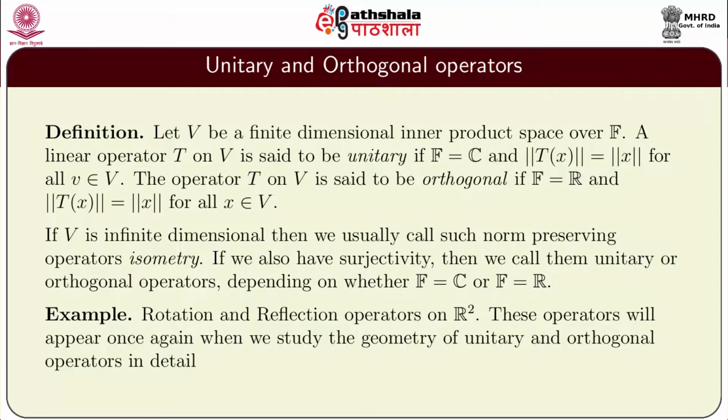Let us start. Let V be a finite dimensional inner product space over F. A linear operator T on V is said to be unitary if the field is the field of complex numbers and norm of Tx is equal to norm of x for all x in V. And the operator T on V is said to be orthogonal if the base field is the field of real numbers and norm of Tx is equal to norm of x for all x in V. If V is an infinite dimensional vector space, then we usually call such norm-preserving operators isometry.